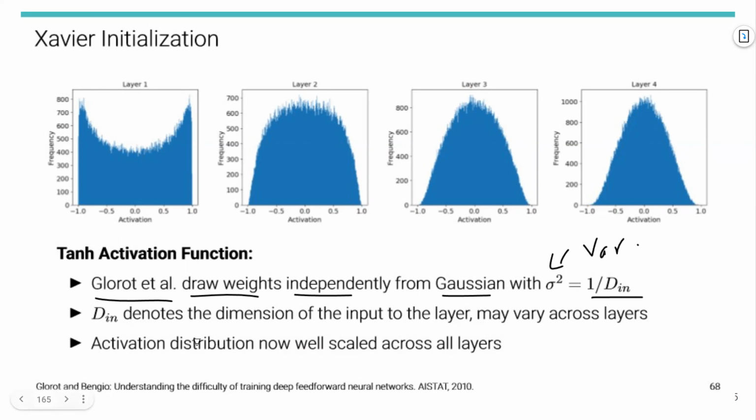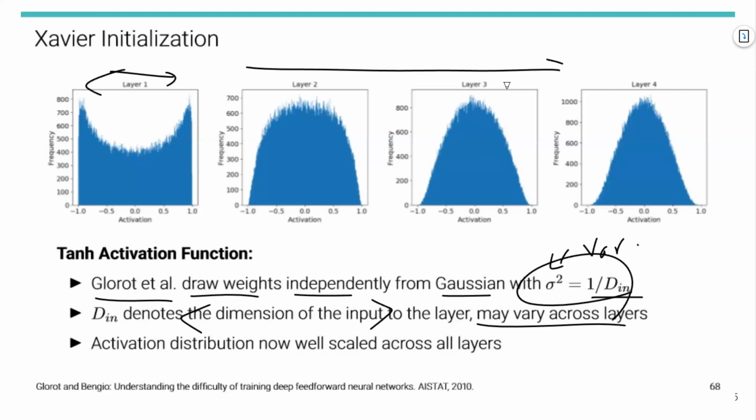Here d in denotes the dimension of the input, and this may vary across layers. After initializing the weights using this scheme, activation distributions spread well across different layers. This could allow effective learning.